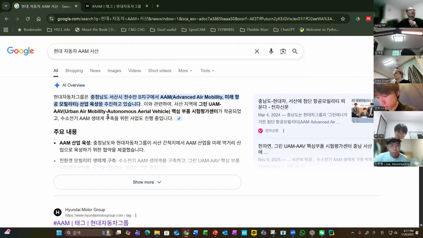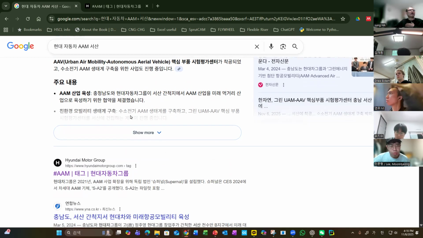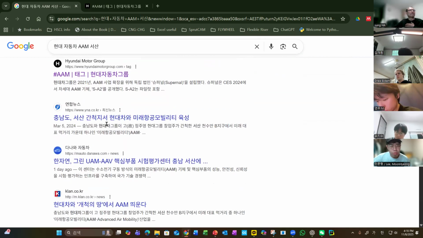Okay, see, Seosan, yes. Hyundai Mobility Group announced that they will launch an AAM Center in Seosan.